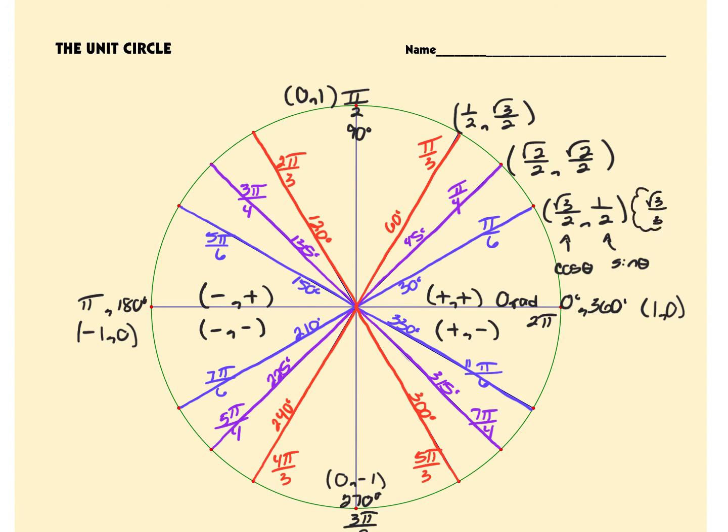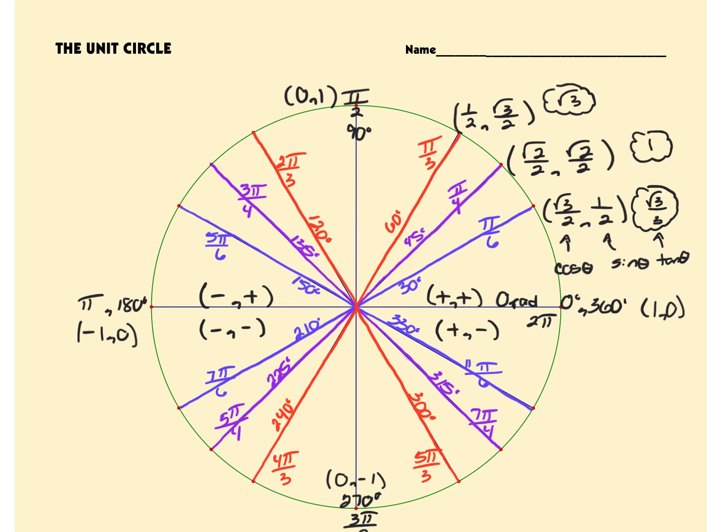I like to put it in a little bubble here, and we can even label it tangent theta. The tangent of pi over 3, again, we calculated down below, was just a radical 3. I like to put it in a little bubble. Tangent of pi over 4, well, these values are the same. So radical 2 over 2 divided by radical 2 over 2 is just 1.